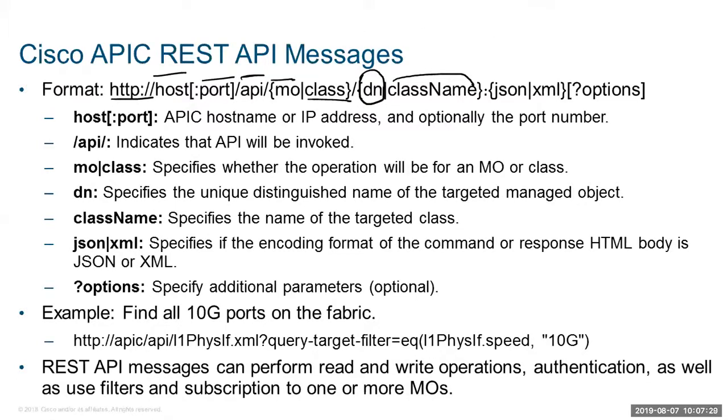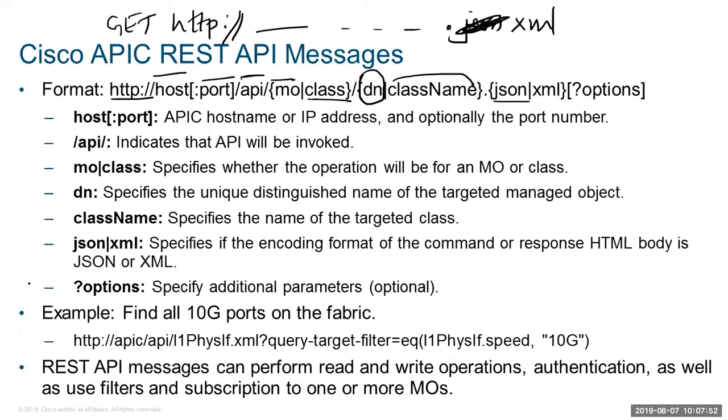Okay. And you would give it a dot JSON, because you're typing in the URL in the REST client, you're saying get HTTP server name, blah, blah, dot JSON. That means your response will be in JSON. And if I go ahead and say dot XML, the response will be in XML.